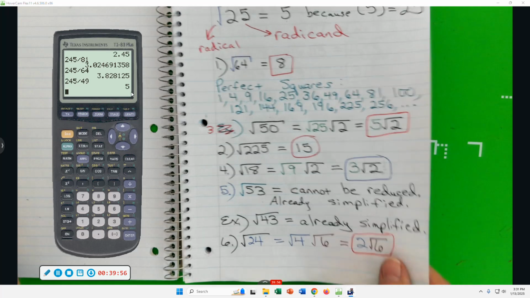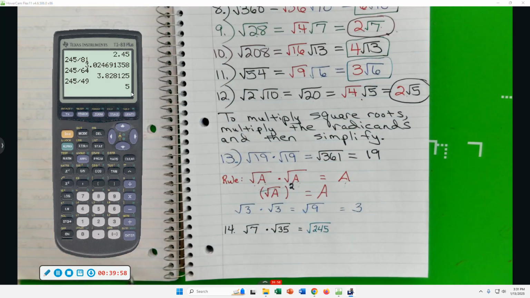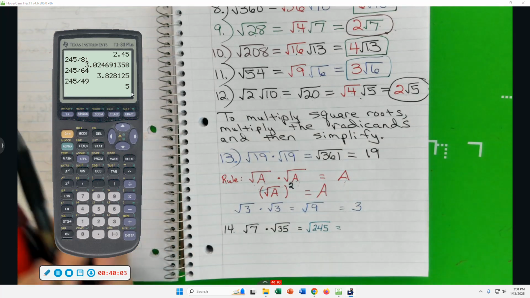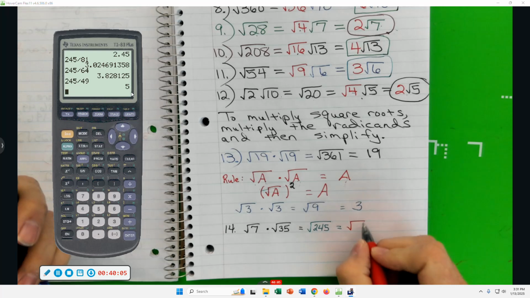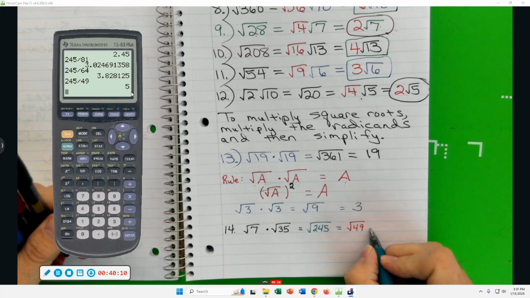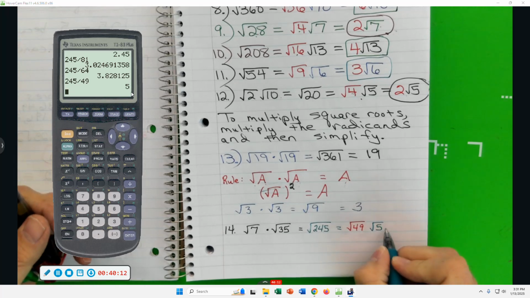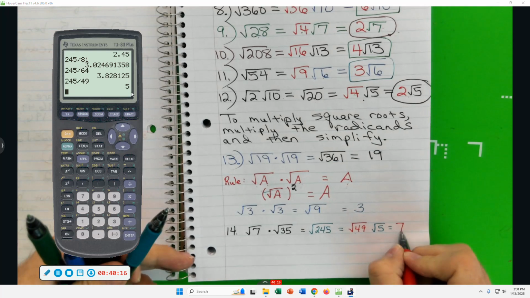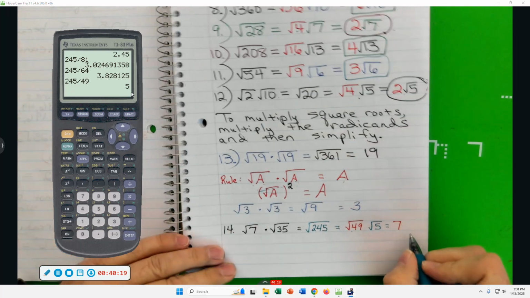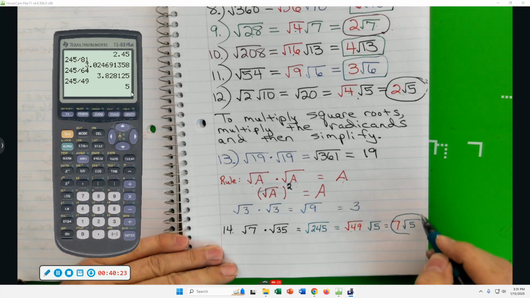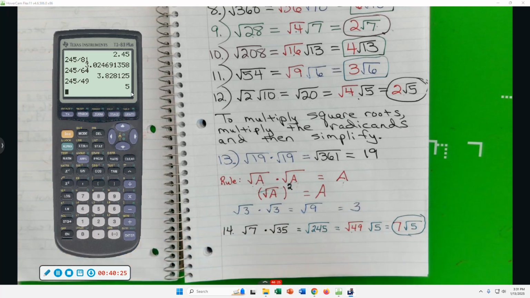So 245 is 49 times 5. I'm going to think of this as the square root of 49 times the square root of 5. And then it equals 7 square root of 5. Sometimes students say, do I have to show all this writing that you're doing? Your goal is different from my goal.